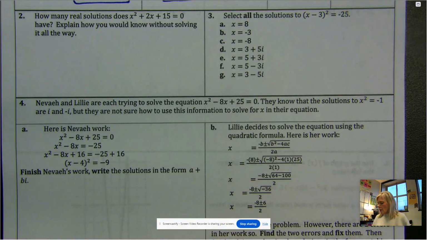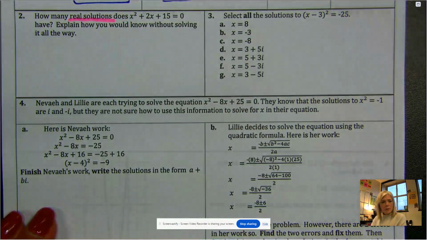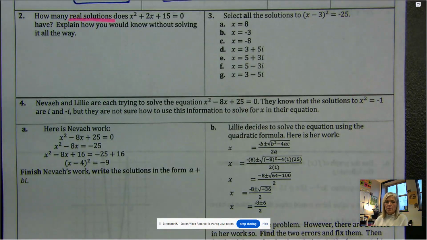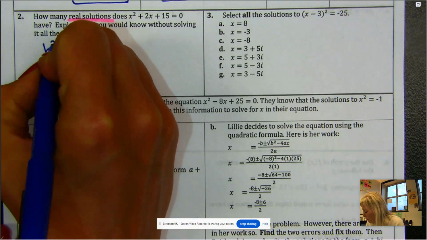All right. So the key for number 2 is to see, it says how many real solutions does x squared plus 2x plus 15 equals 0 have? Explain how you know without solving it all the way. So on Friday last week, we focused on the discriminant.